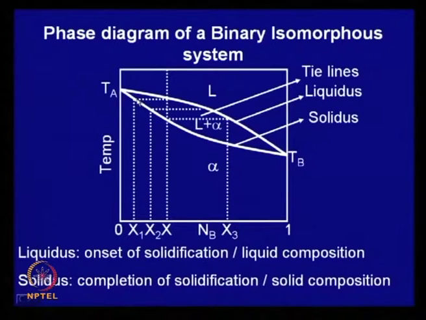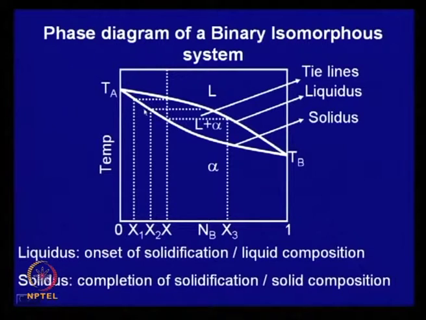This has lower concentration of B. Obviously, the liquid will get enriched in B, so the liquid will now follow this composition. As it cools down, the composition of liquid will change along this, and the composition of solid will change along this.